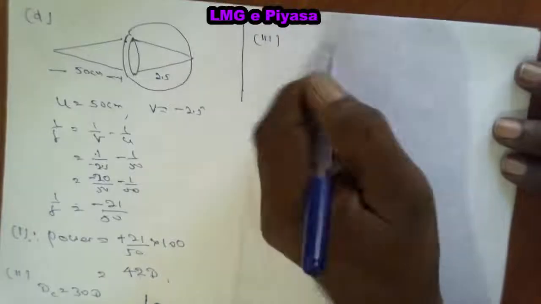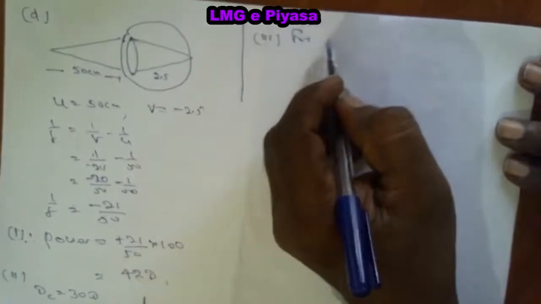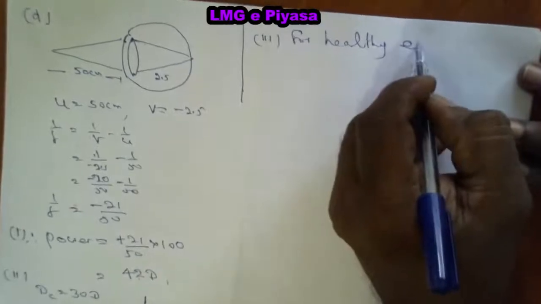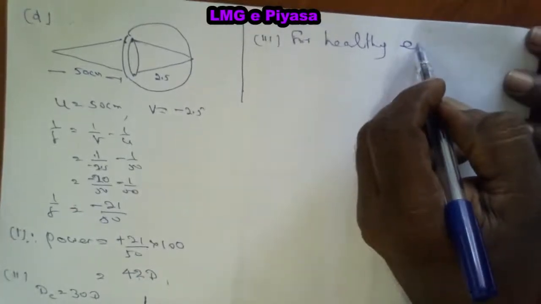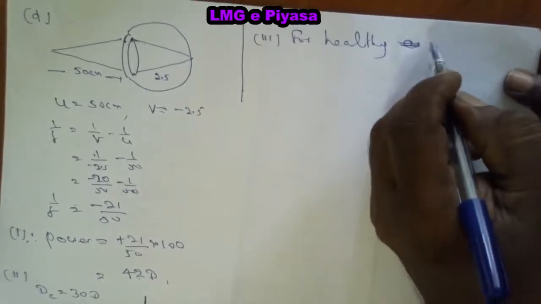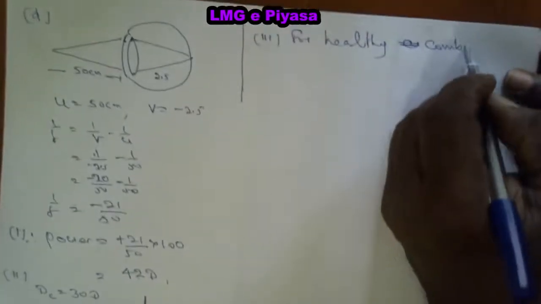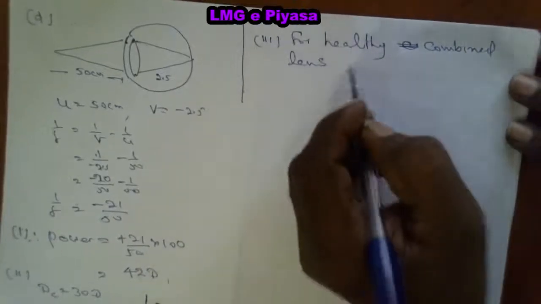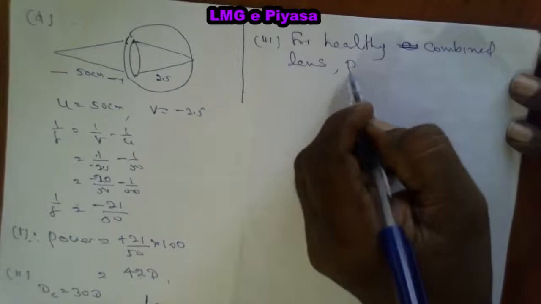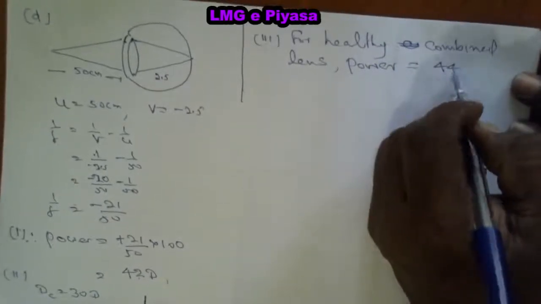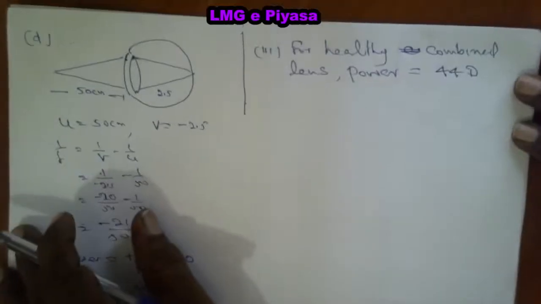For a healthy eye, the power of the healthy combined lens equals 44 diopters, right?